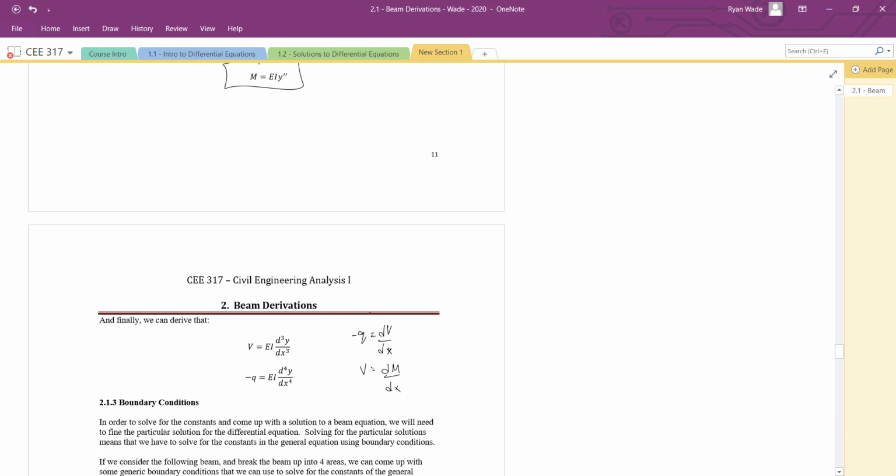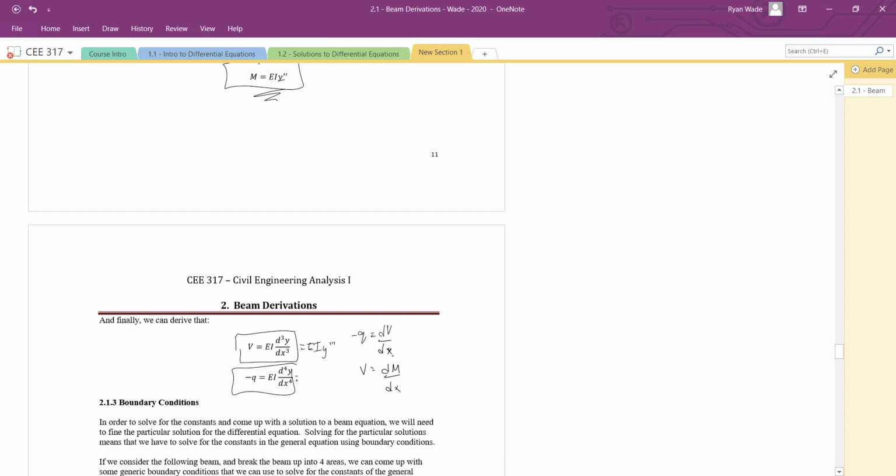We sub those back in using this principle here, and I can state that my shear is equal to the third derivative of y, right? Because v is equal to dm by dx, if I take my dm by dx, I get y triple prime, so it equals EI times y triple prime.